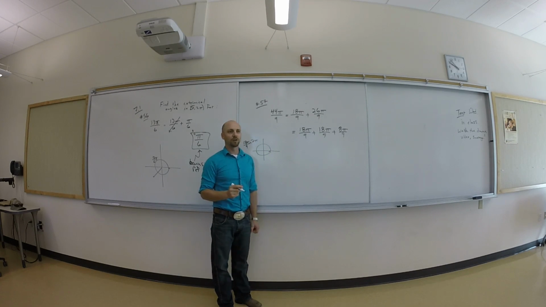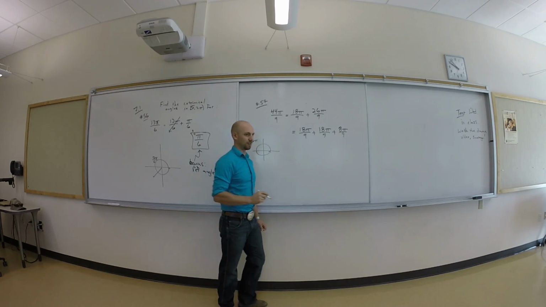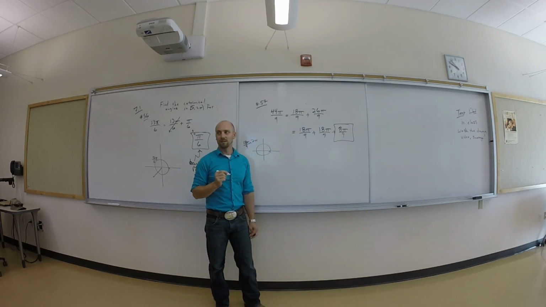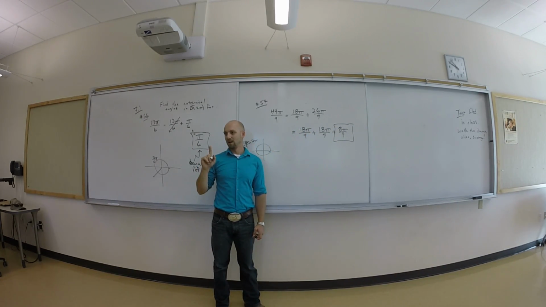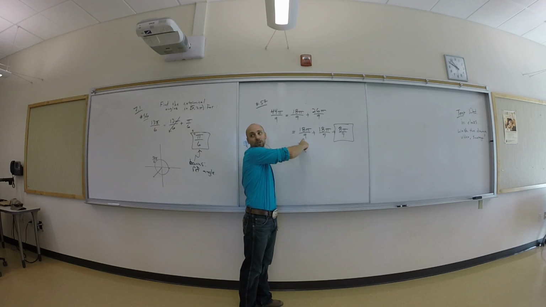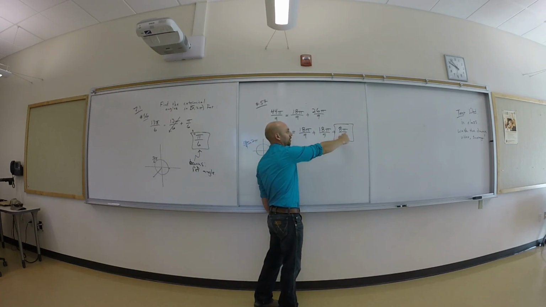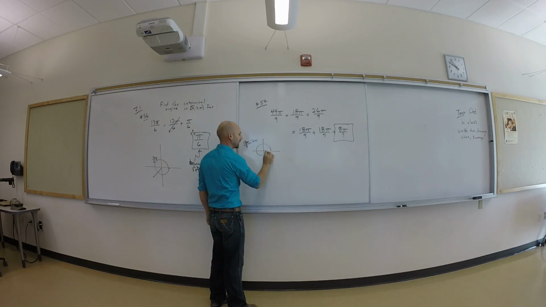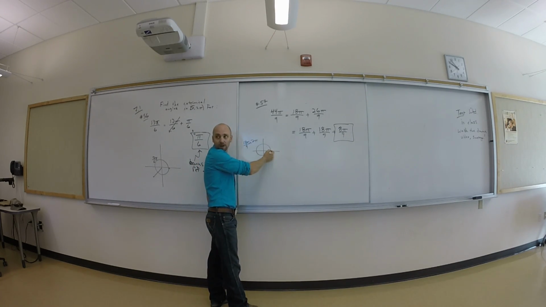So where's your coterminal angle here? 8 pi over 9. That's this one, right? So it's 18 because it was a full circle. Yep, 18 pi over 9 is a full circle. So I'm splitting this into one full circle, another full circle, and then this much. To get to this angle, I go around once, then I go around again. That's my second 18 pi over 9.